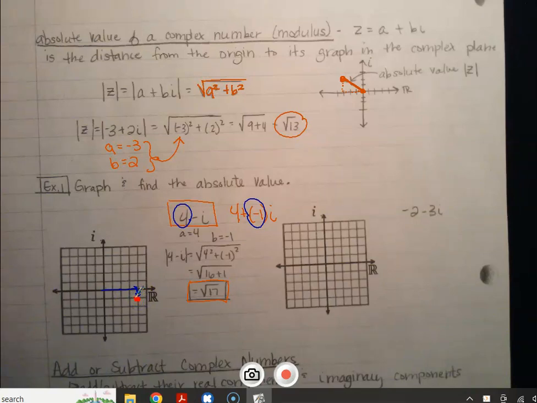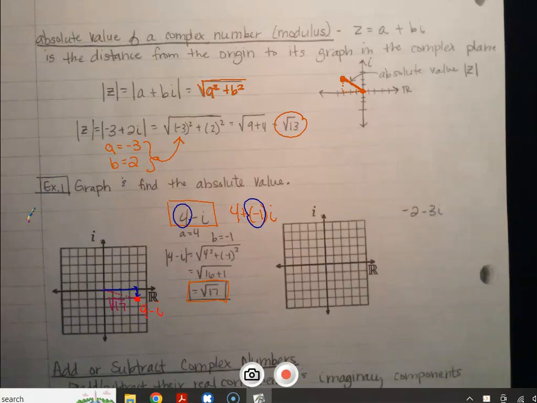That's my graph of 4 minus i. My absolute value is the square root of 17, the distance from that point to the origin.